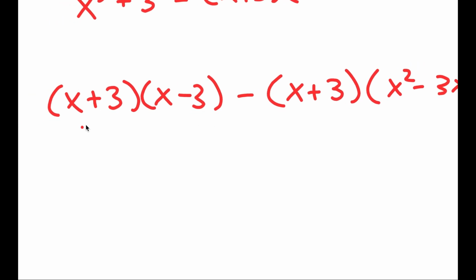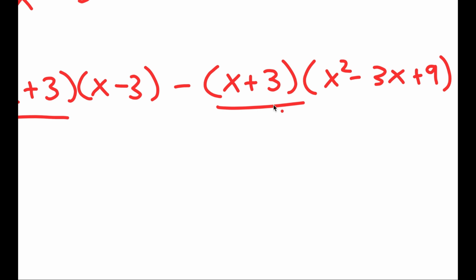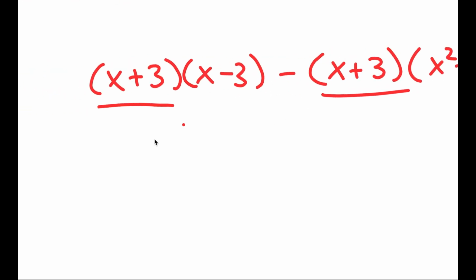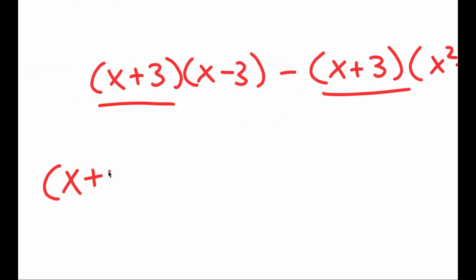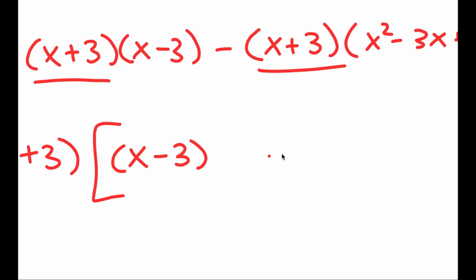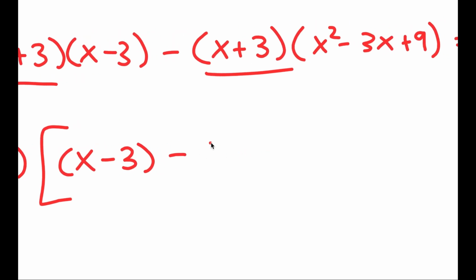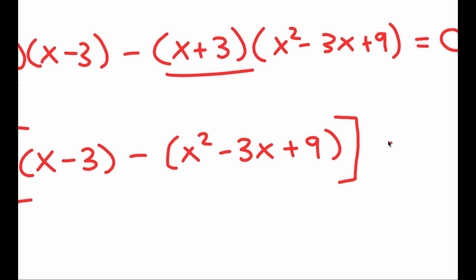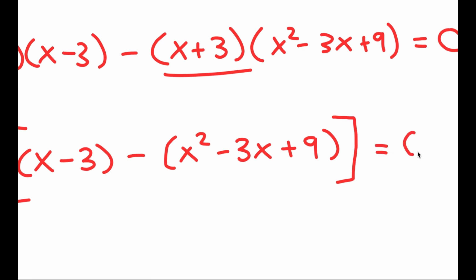Alright, so now notice how both of these terms have x plus 3 in them, meaning I can factor out x plus 3. So now I get x plus 3 times x minus 3 minus x squared minus 3x plus 9, and this is equal to 0.